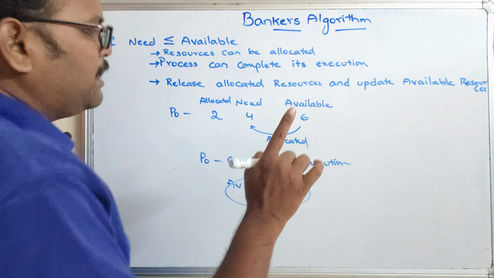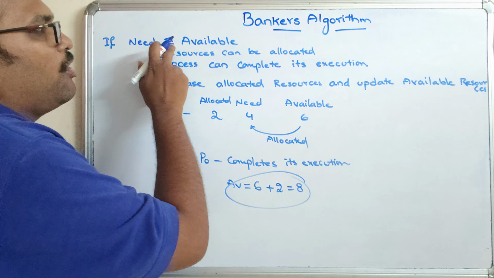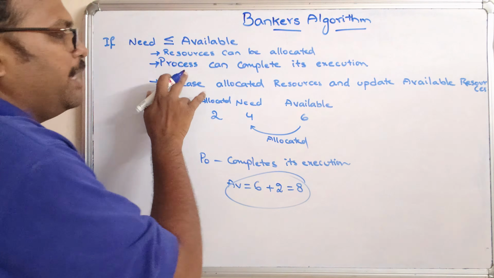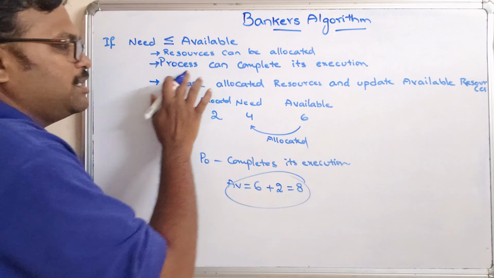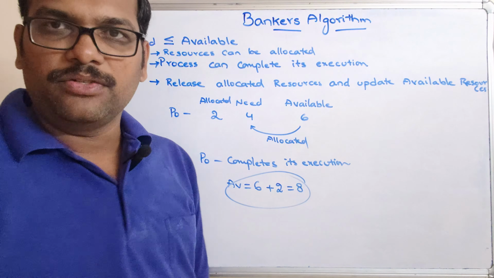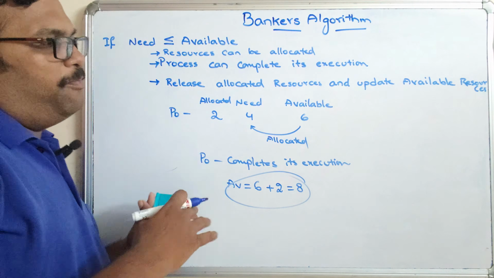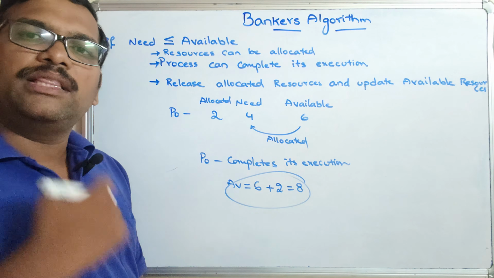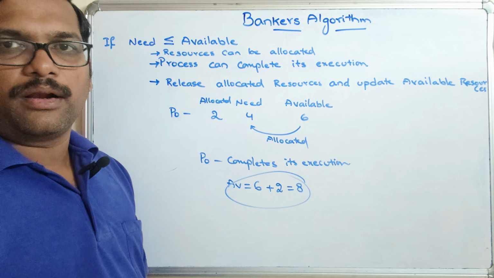So only one condition. If need is less than or equal to available, then we have to allocate the resources, complete its process, release all the allocated resources and update the available resources, right? And the same step will be repeated for all the processes that have not completed so far.